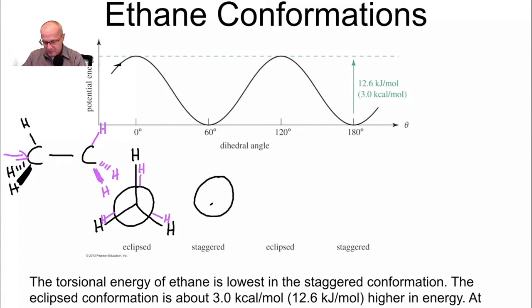Now when I go through the conformations, I usually tend to put the front carbon, let me draw a little better than that for you guys. And I don't move it. I lock the front carbon in place. And what do I mean by that? I don't rotate it. I leave it exactly where it is. So notice how in this drawing and in this drawing, I left the front carbon essentially the same.